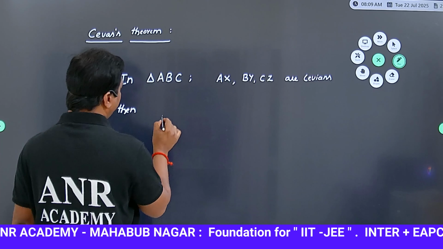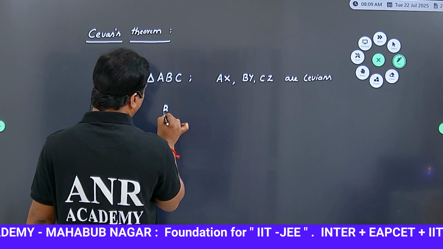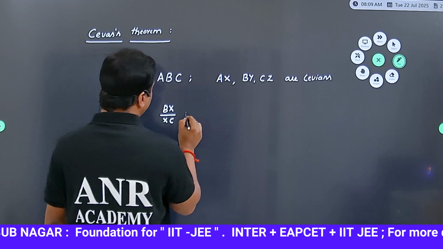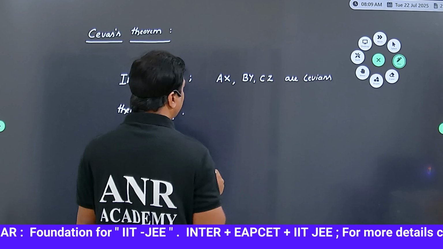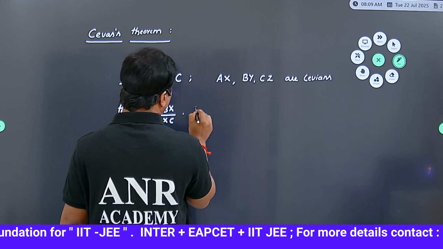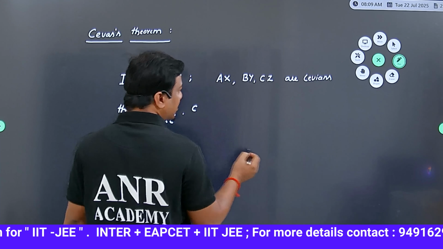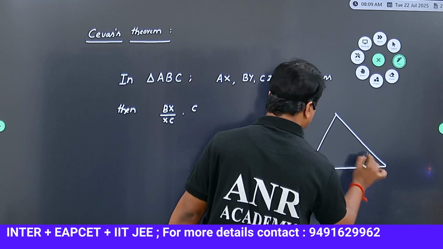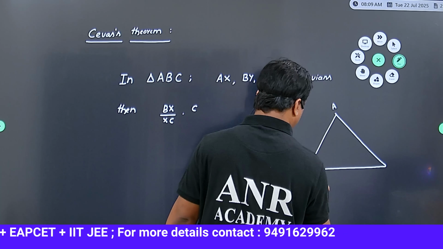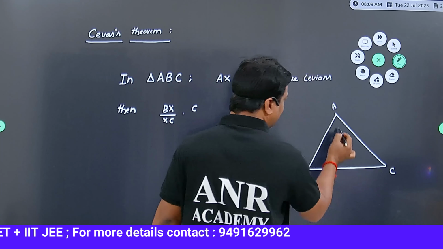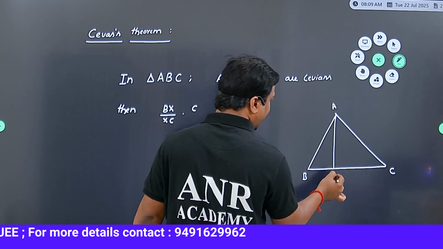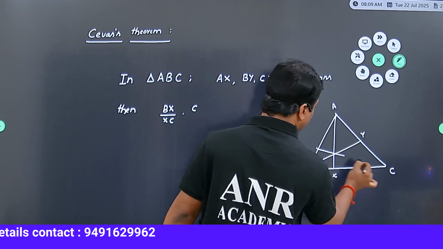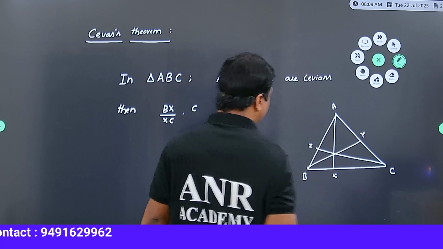This is triangle ABC and here the cevians are AX, BY, CZ.